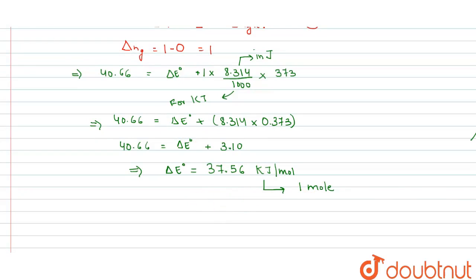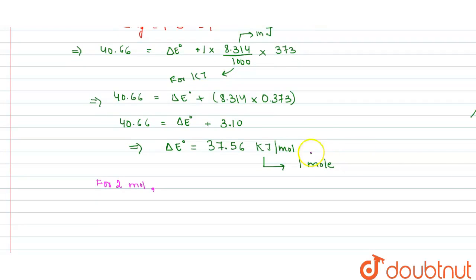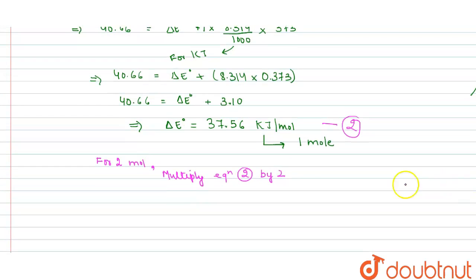Now, as per the question requirement, we have to evaluate the change in internal energy for 2 moles. So if we number this equation as 2, we just have to multiply equation 2 by 2, and we get the value for 2 moles.